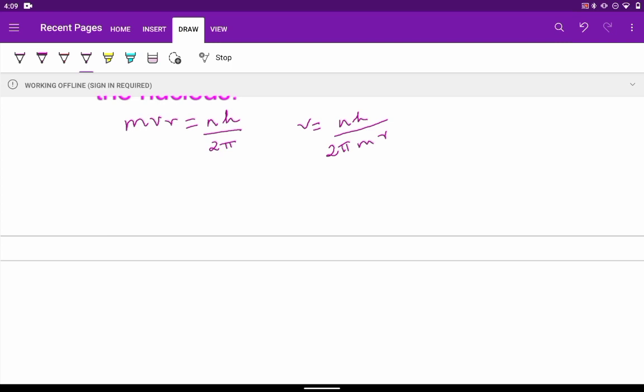So r will be equal to 3 square into 0.529 into 10 to the power minus 8 centimeters. 3 square will be 9, so 9 into 0.529 gives around 4.761 into 10 to the power minus 8 centimeter.